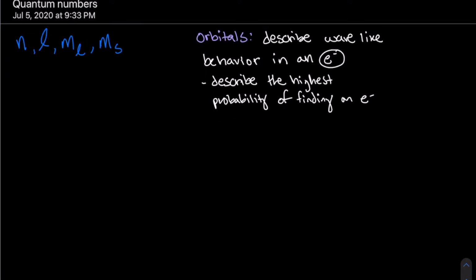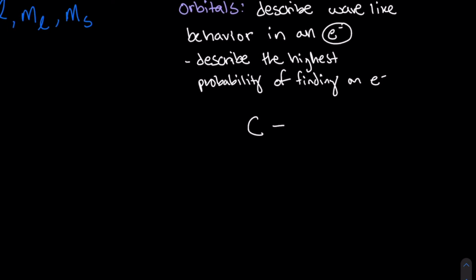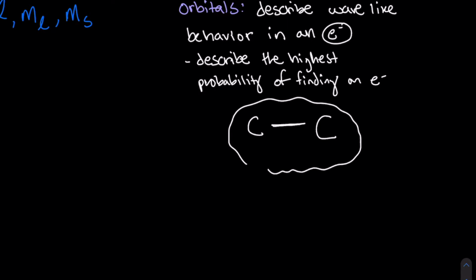So, to illustrate that point a little further, if we look at a carbon-carbon bond, this is typically what you're going to see in a Lewis structure. It looks like the electrons are concentrated right here, but in reality, electrons kind of float around the molecule, and the best way to represent that is as a malleable electron cloud.